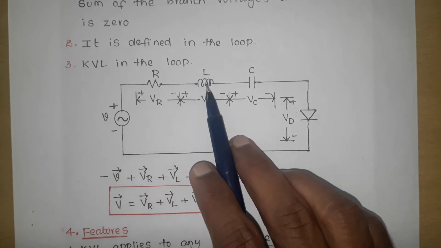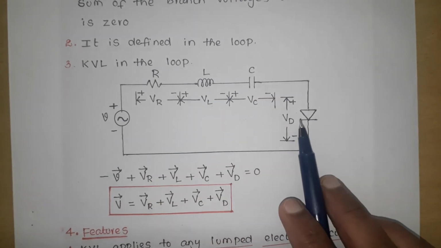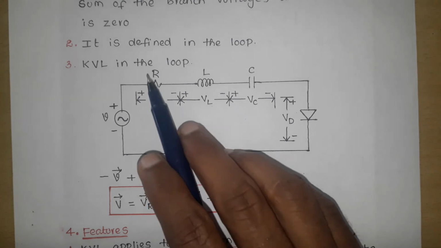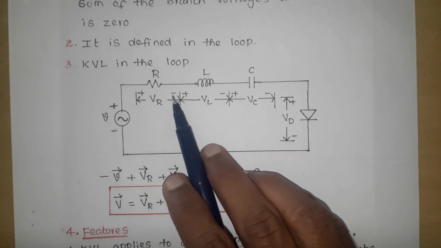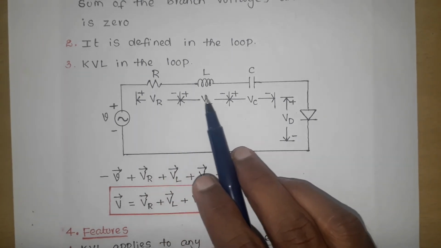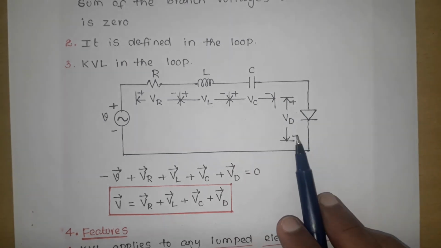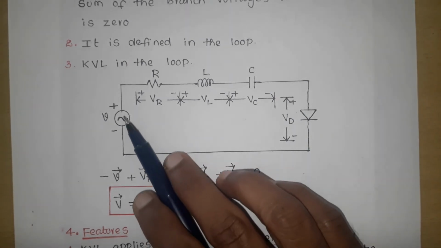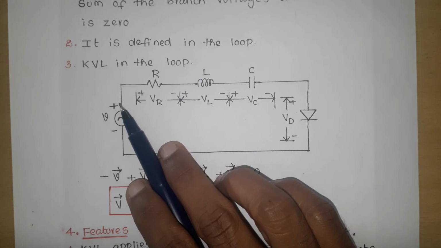Here resistor, inductor, capacitor and diode are passive elements, so current entering side plus, current leaving side minus.